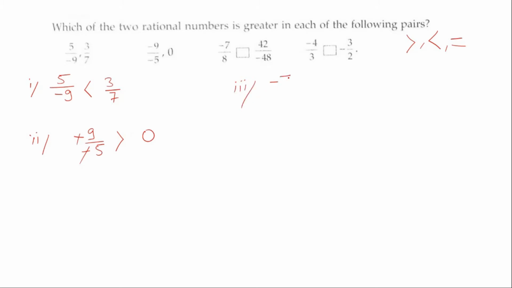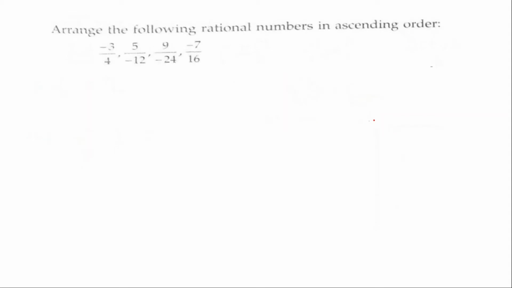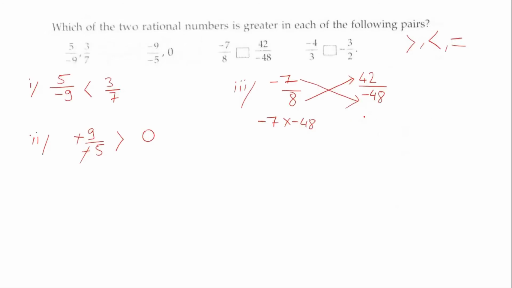The question is minus 7 by 8. We have to fill up this box with these symbols, and 42 by minus 48. So next what we will do, we will multiply the numerator and denominator this way. So minus 7 into minus 48, and 42 into 8.